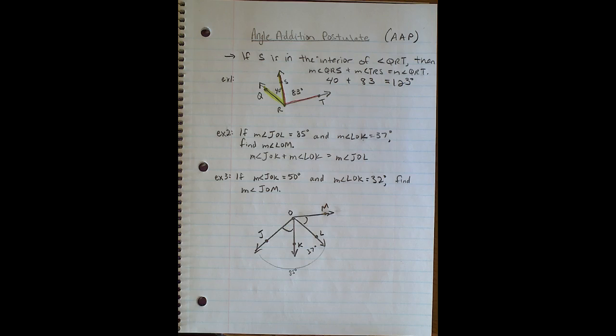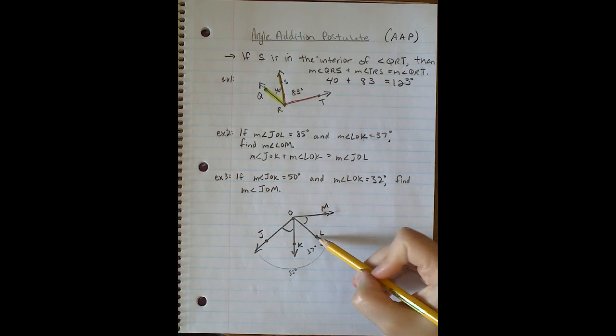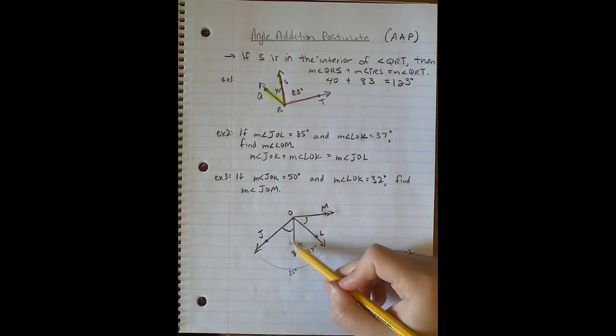Now, you may be looking at this saying, but Mrs. Murray, angle LOM is nowhere in that angle addition postulate equation. Yes, you're right, but keep in mind, LOM and JOK are the same.